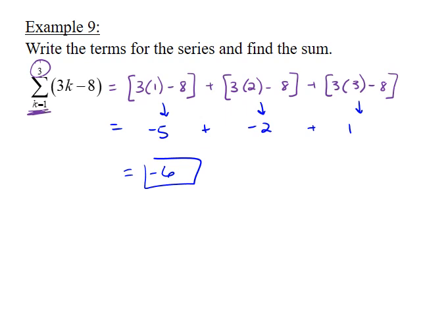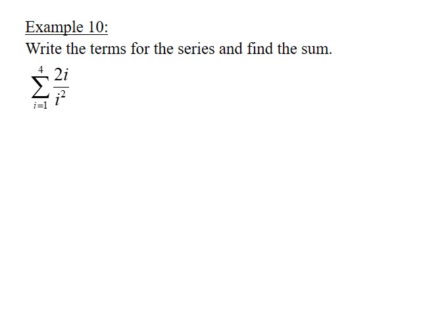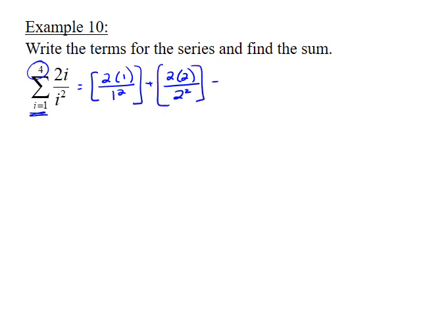Let's try another one. Okay, we are going to start with i equals 1 and go to 4. So we'll have 2 times 1 divided by 1 squared plus 2 times 2 divided by 2 squared, plus 2 times 3 divided by 3 squared plus 2 times 4 divided by 4 squared.